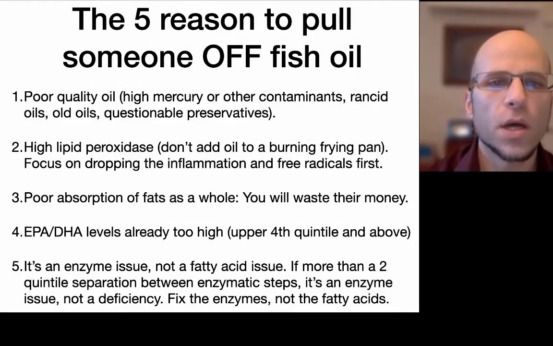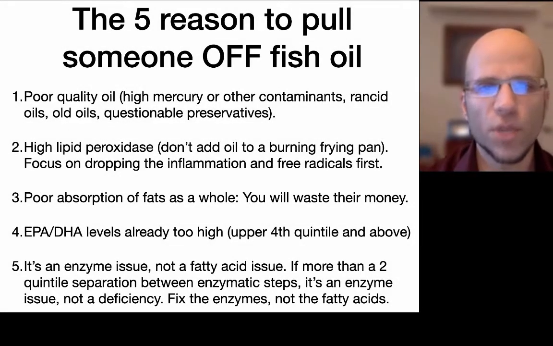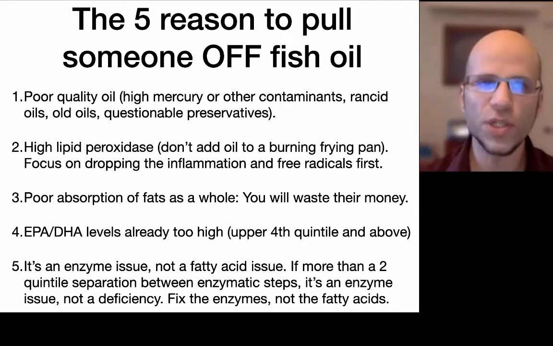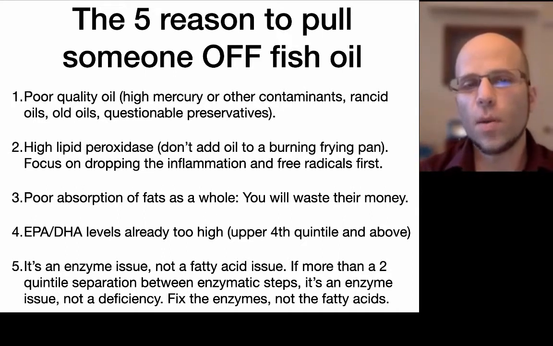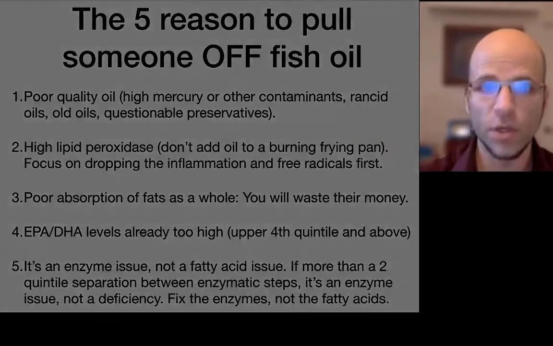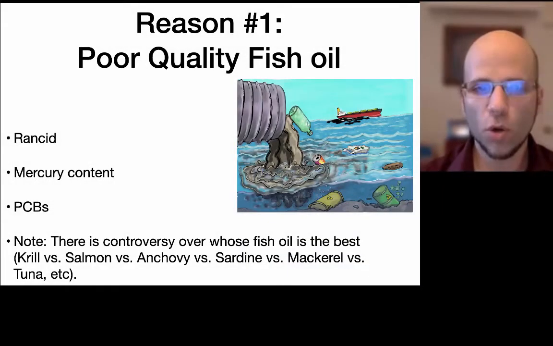This section I call the 5 reasons to pull someone off fish oil, which you can identify based on the fatty acid profile. Through these 5 reasons, we're going to highlight some other things that are really important to catch in the fatty acid profile. So one is that there's poor quality fish oil.